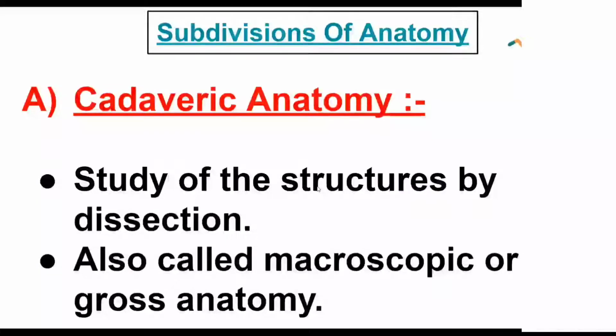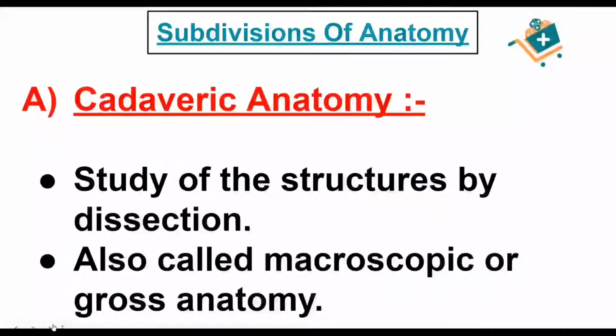The study of the structures that we do on the cadaver is called cadaveric anatomy. You can see the macroscopic and microscopic structures by this anatomy. You will dissect the cadaver in many planes, in many sections, and you will see the macroscopic structures, the gross structures, and also the microscopic structures like artery, vein, many things are visible.